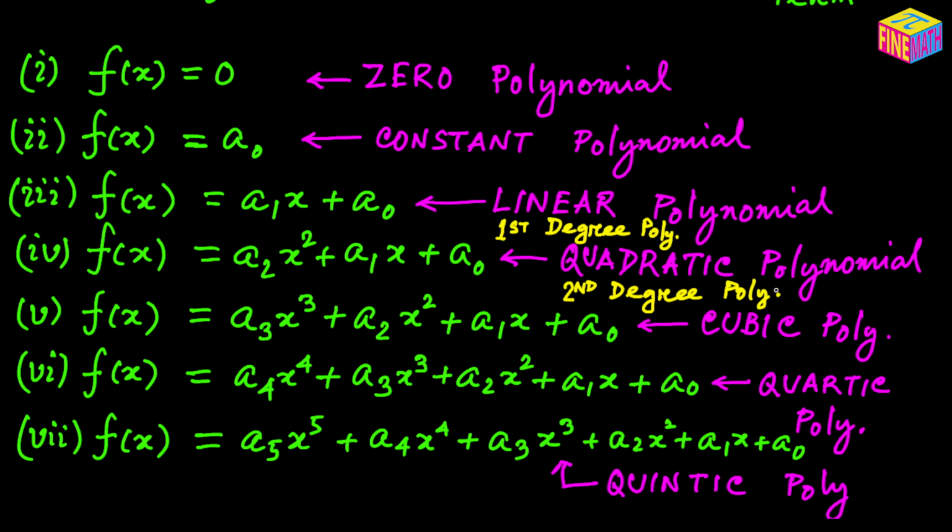The cubic polynomial can be called the third degree polynomial. And the quartic polynomial can also be called the fourth degree polynomial. So I'm going to write it here. Let's say this is our fourth degree polynomial. And then the quintic can be called the fifth degree polynomial.